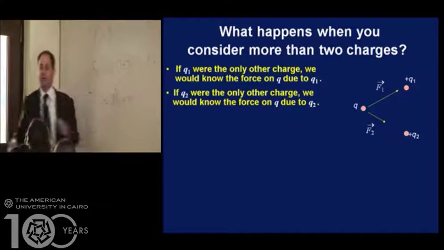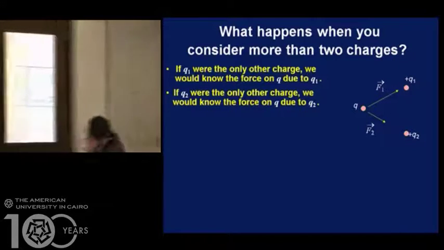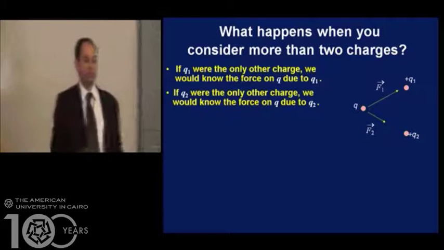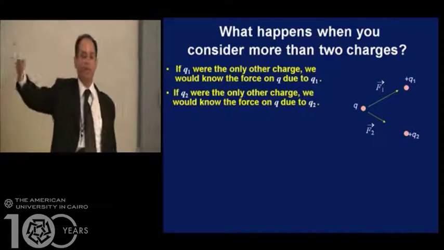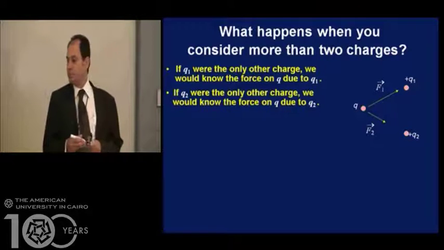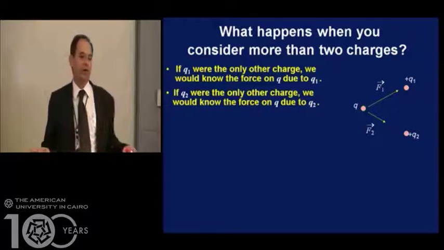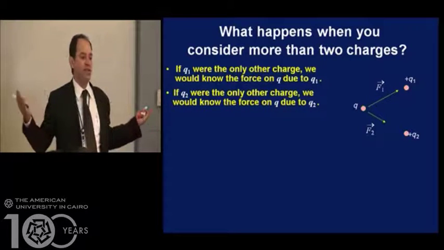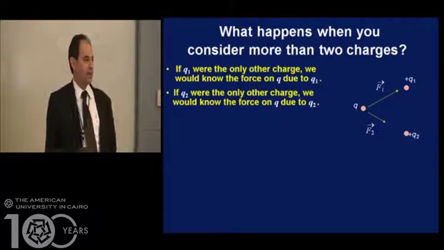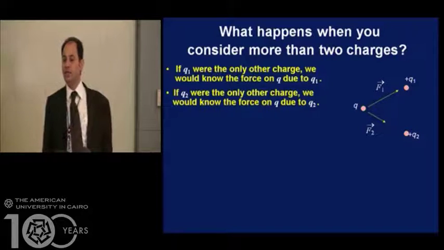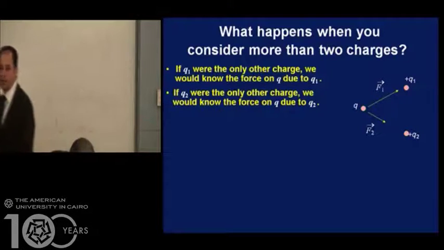And if we keep doing this for the rest of the charges, then we'll find the total force on Amr, and we add those as vectors. Okay, guys? Is there an easier way?